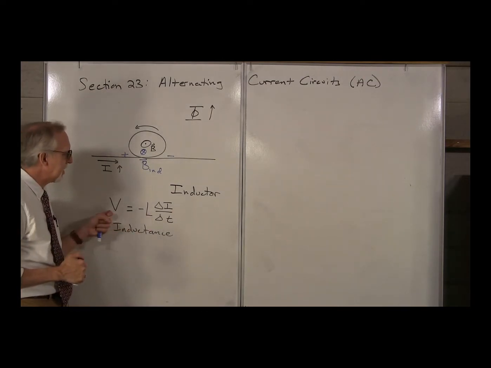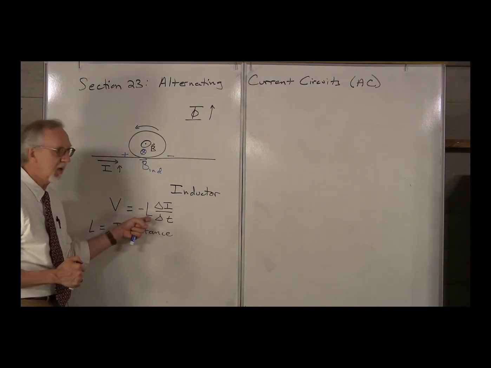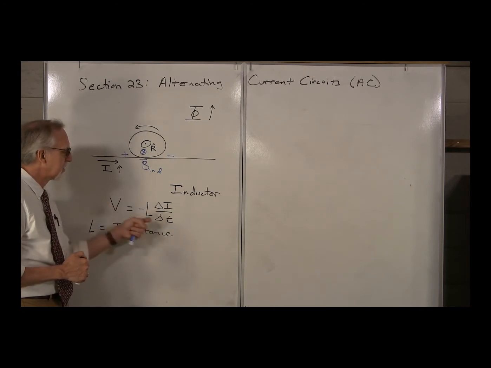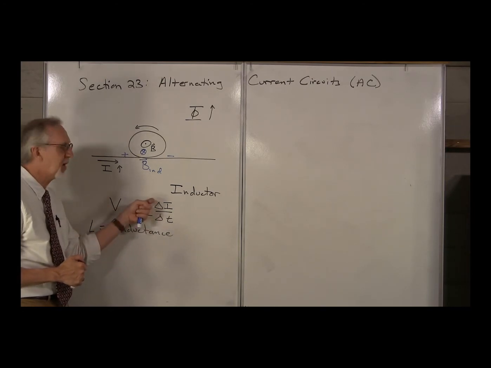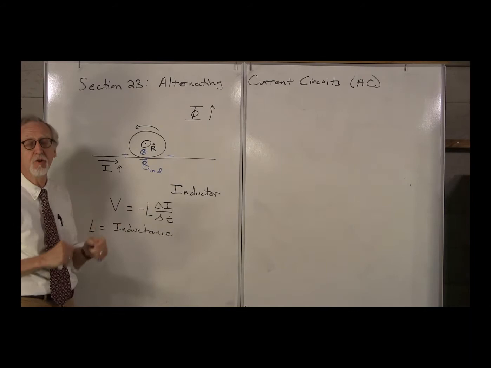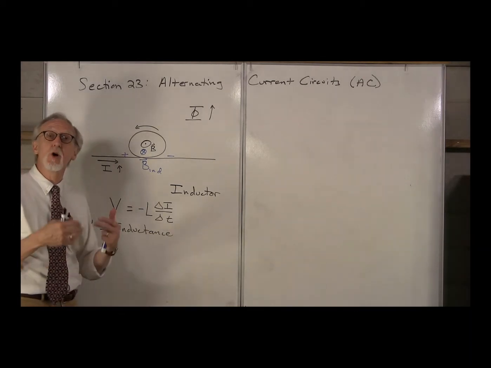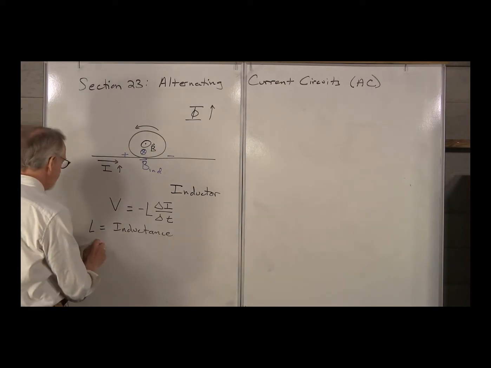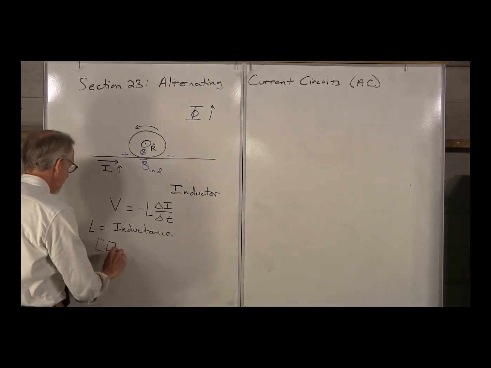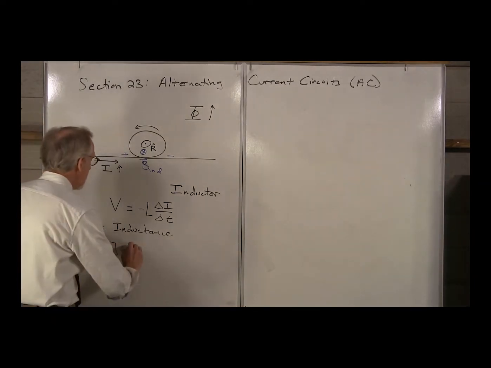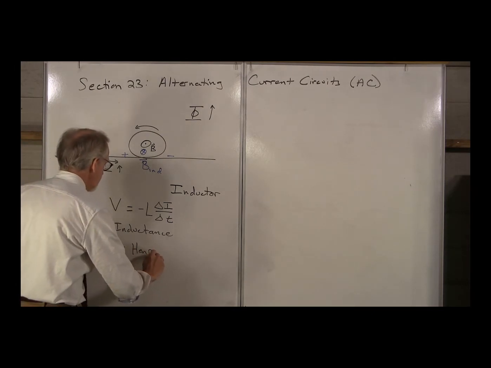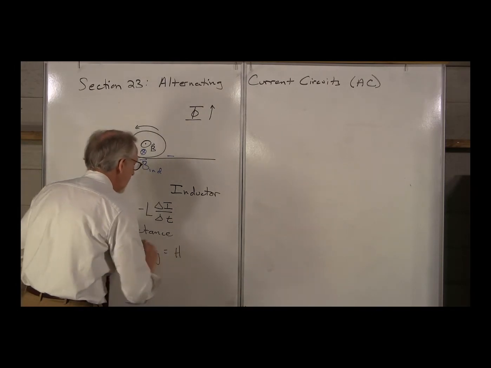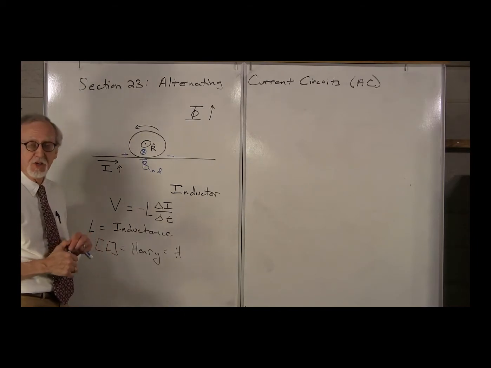And we can actually get the units right from here. The units of L will be the units of V times the units of delta T divided by the units of I. All of those put together give us what we call a Henry. These are my favorite units. The units of inductance are the Henry, which we will write as a capital letter H for short.